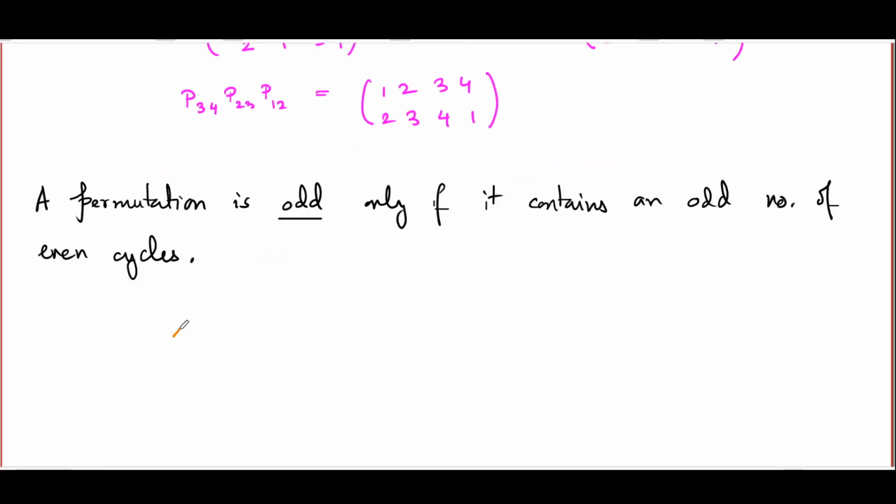So, for example, the permutation 1^3, 2^3, 4^2 happens to have 3 even cycles of length 2 and 2 even cycles of length 4. The total number of even cycles happens to be odd, so this is an odd permutation.